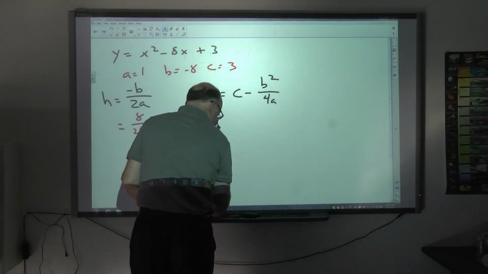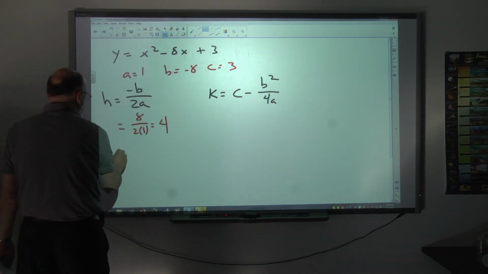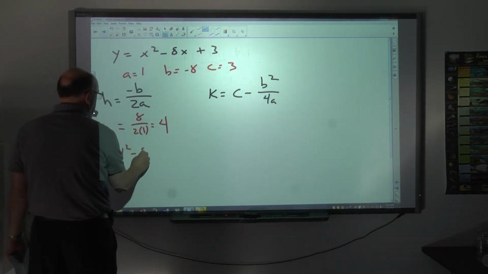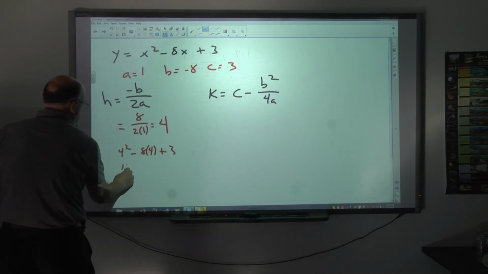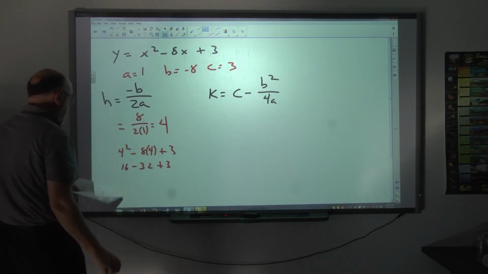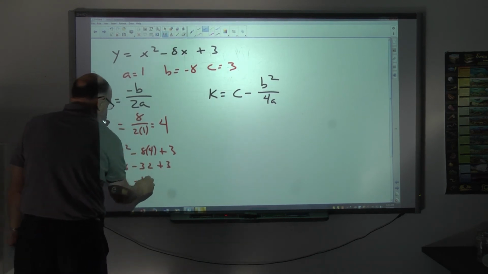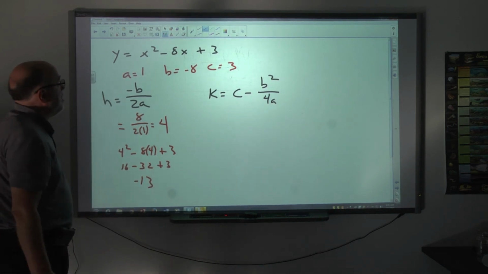Now let's do both ways. But let's first plug in and see what we get. So if I plug this number into here, we get 4 squared minus 8 times 4. So this is going to be 16 minus 32 plus 3, and this will give us a negative 13. Right? And that would be my k value.